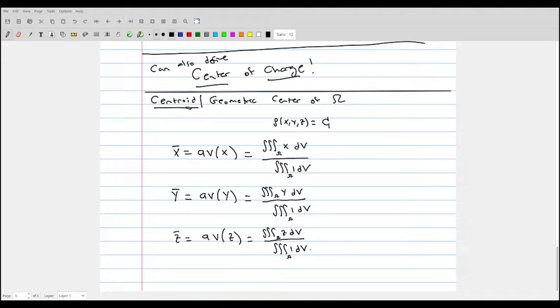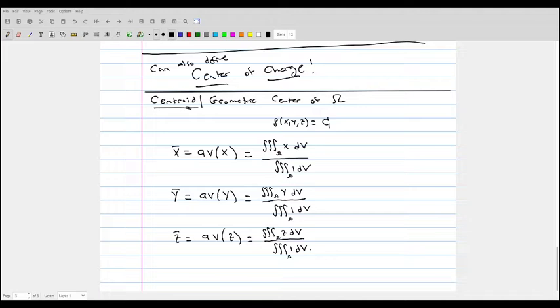Right, so it depends on the symmetries of your domain omega. But it's important that you also know that the centroid is usually different than the center of mass.